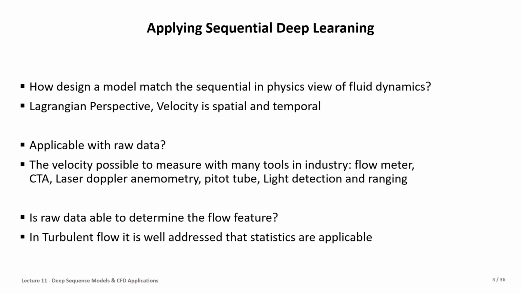The next question is applying the raw data. In the fluid dynamic application, there are many devices used in the industry, and they measure the velocity or other parameters like the acceleration, the flow, and, for example, for heat transfer, the temperature and also the pressure.